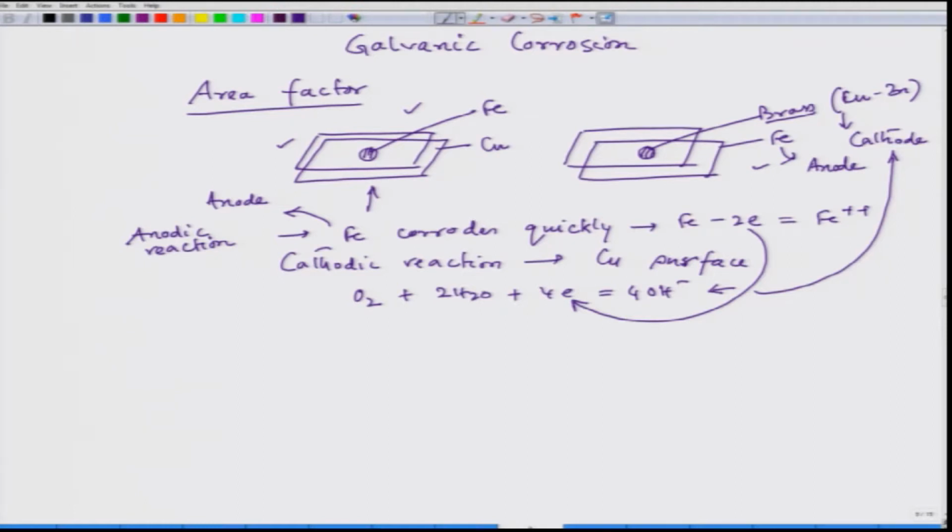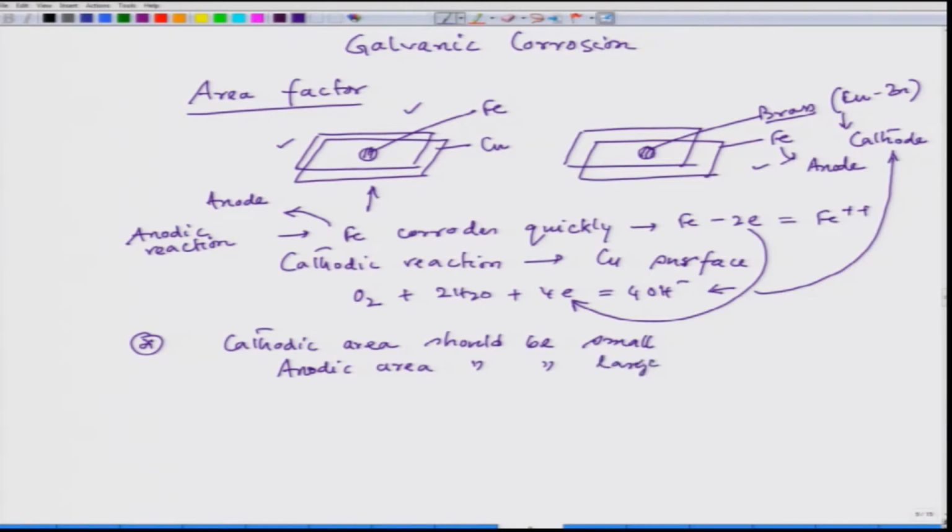From this idea it is very clear that in order to design joining material, we have to make sure that the cathodic area should be small and the anodic area should be large.